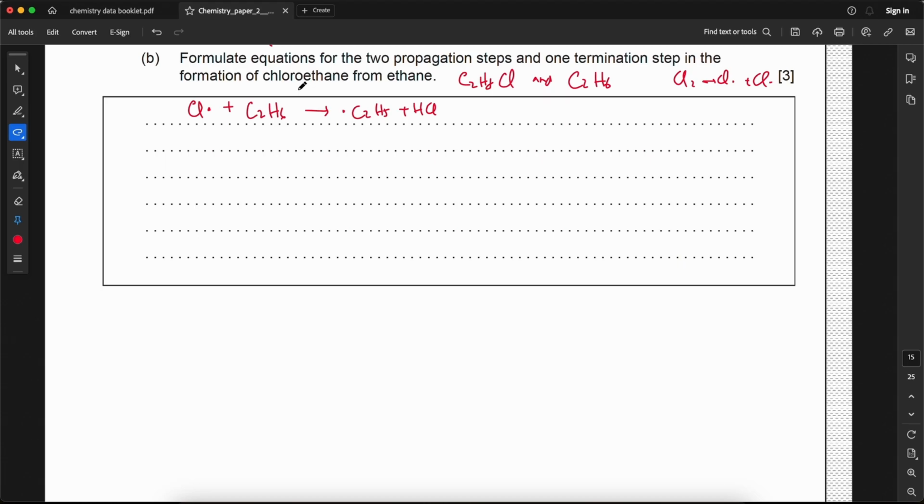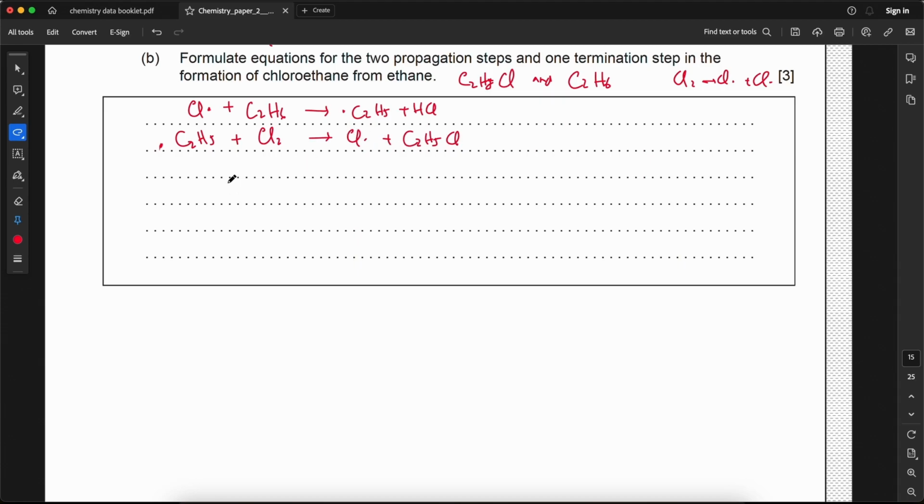And before it produces chloroethane, C2H5 as a radical reacts with Cl2, because when C2H6 loses 1 electron, it becomes a radical. That's why C2H5 here is one of the reactive intermediates. So it will produce Cl radical and C2H5Cl. Okay, these are the propagation.